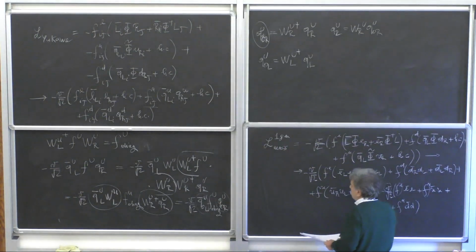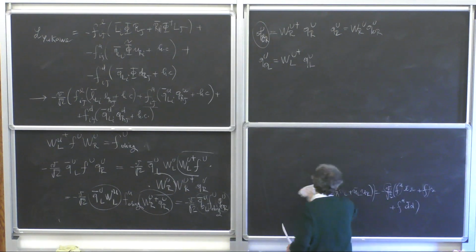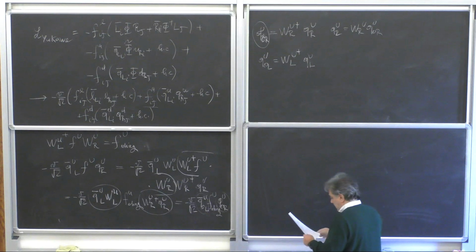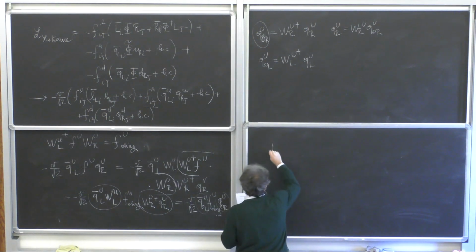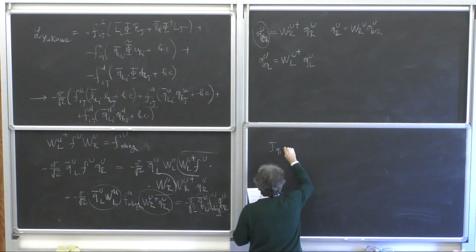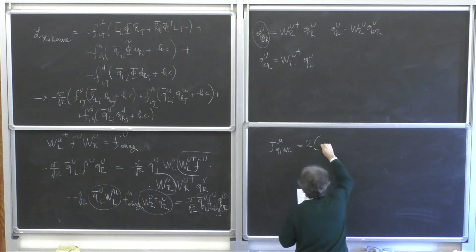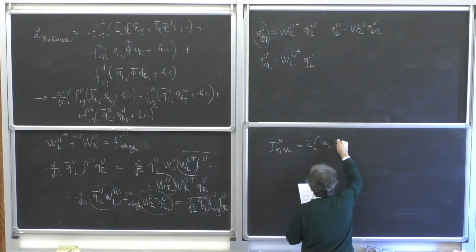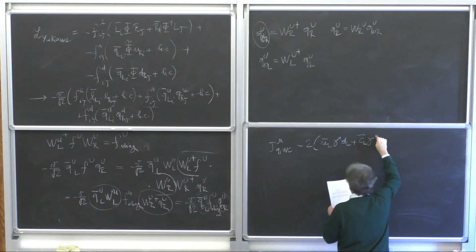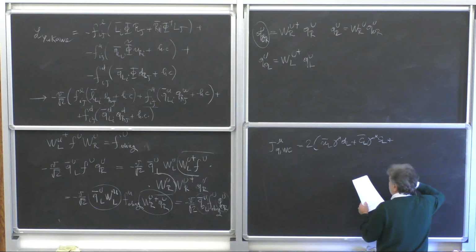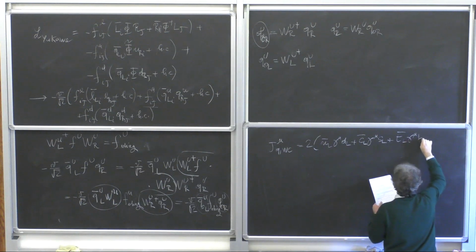if we consider the current, the charge current, the weak charge current for quarks, J_mu, is twice U bar left gamma mu d_L plus c_L bar gamma mu s left plus top left gamma mu b left.